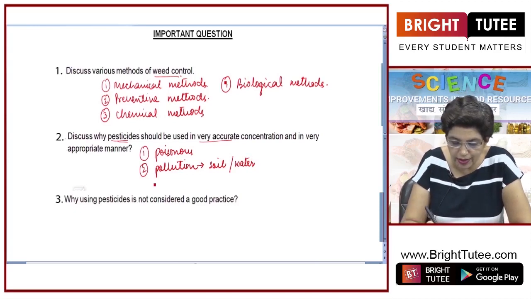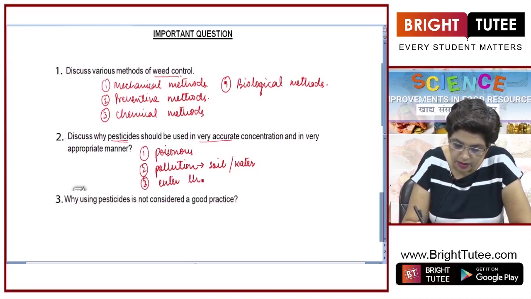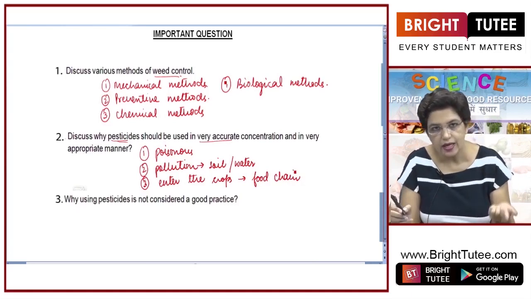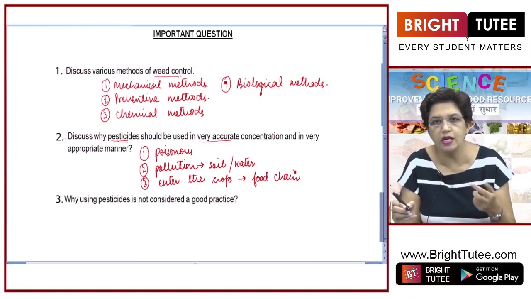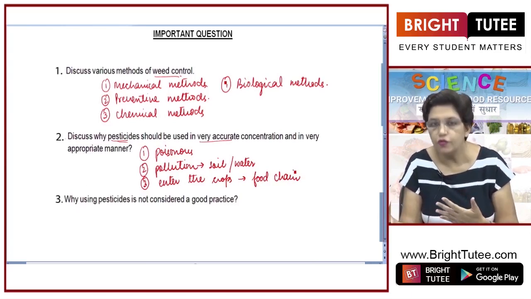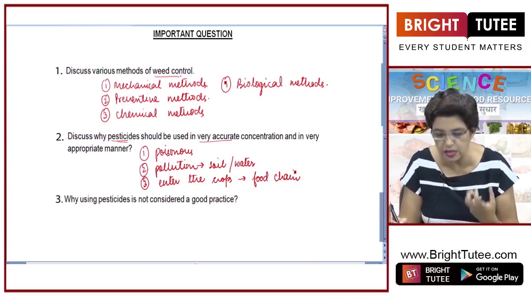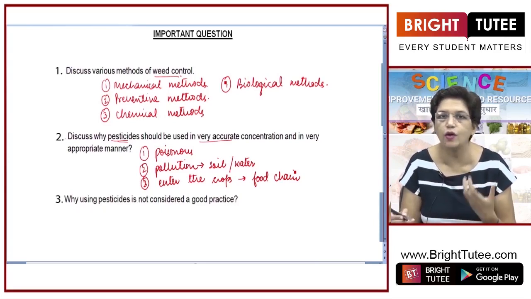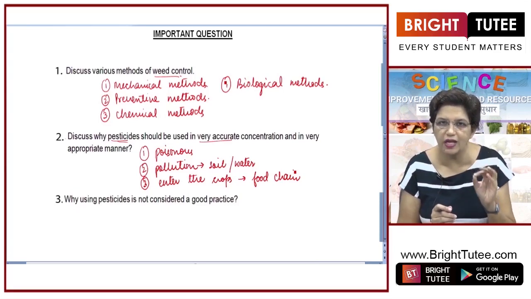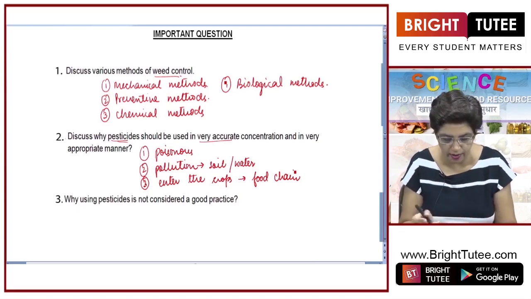And thirdly, sometimes they enter the plants, enter the crops, so they will enter the food chain. If they are absorbed by the plants, and then consumed by human beings or other animals, then it enters the food chain and remains in the food chain and causes harmful effects. So, that is why pesticide should be used in very minimal quantity required.